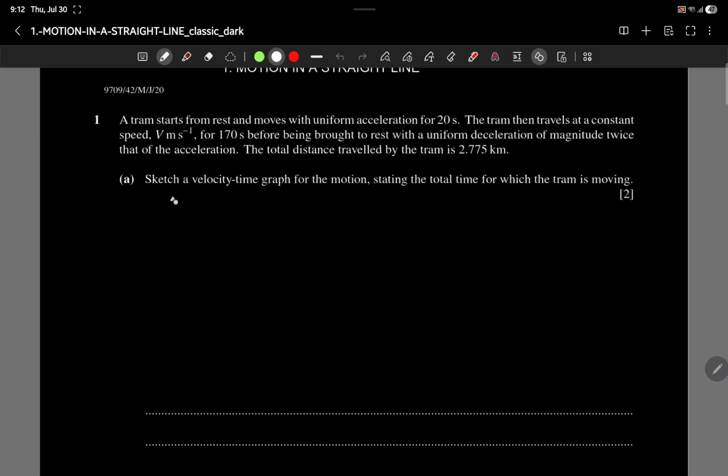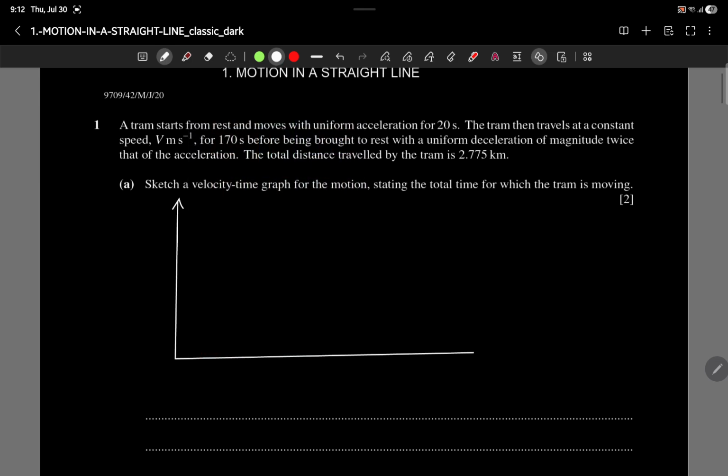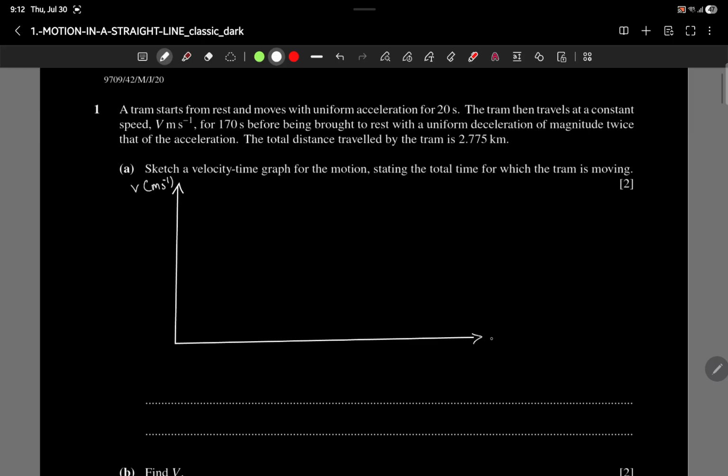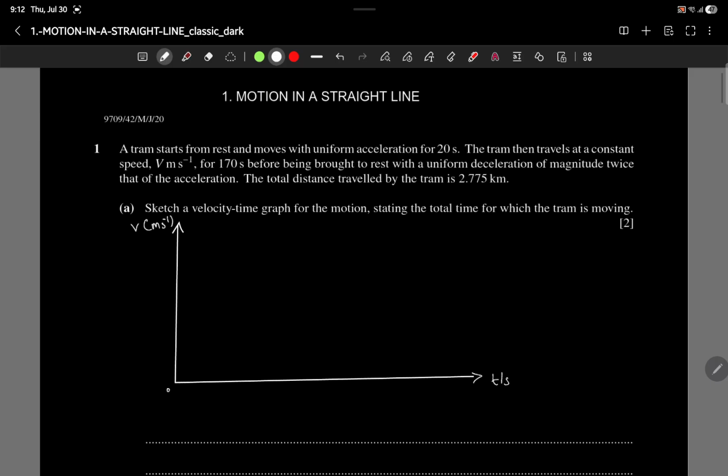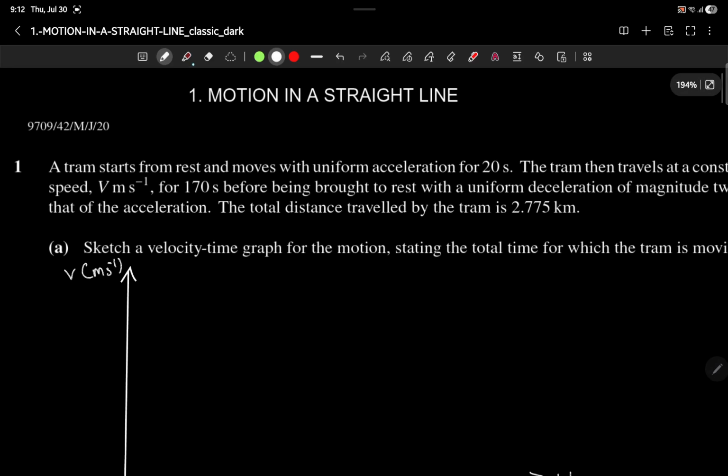When we draw a velocity-time graph, the y-axis is speed while the x-axis is time, right? So the y-axis over here is going to be speed, velocity in meters per second, while the x-axis is time. What does it first say?